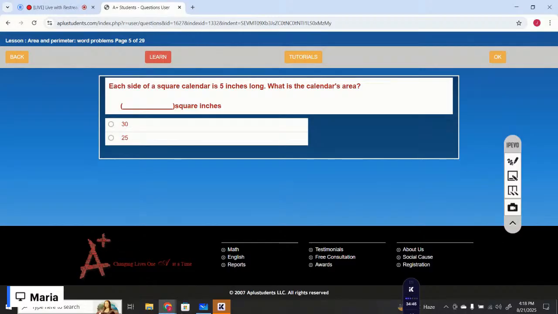Each side of the square calendar is 5 inches long. What is the calendar's area? That is 5 times 5, 25. Option number 2 is the correct option.